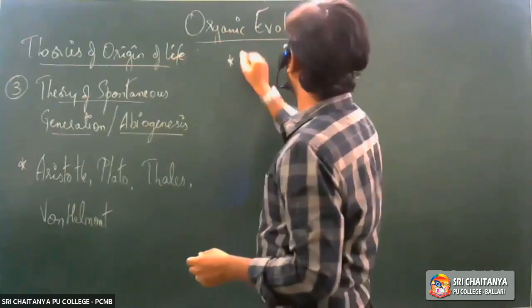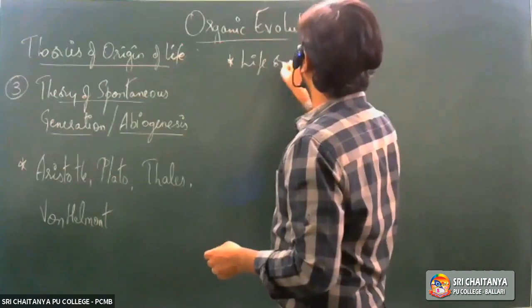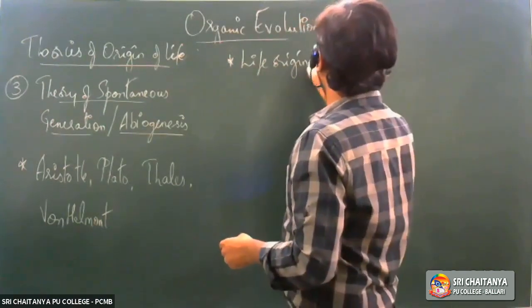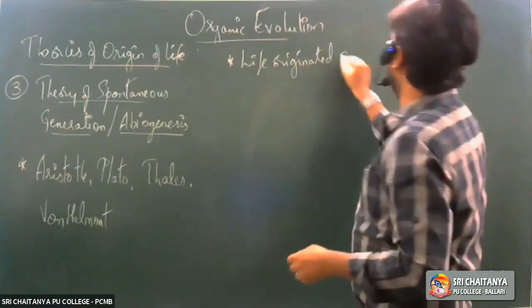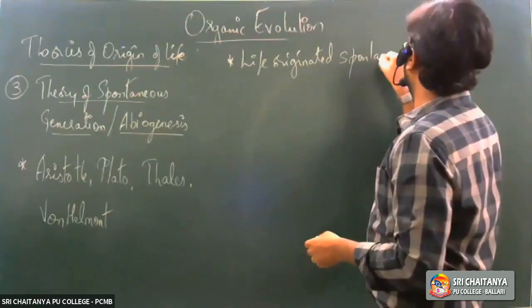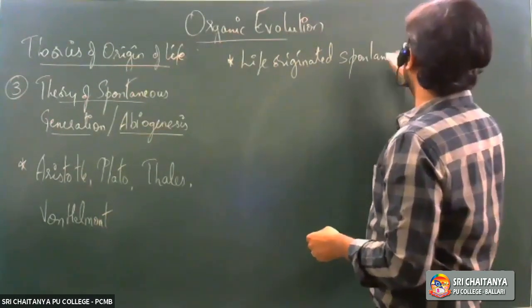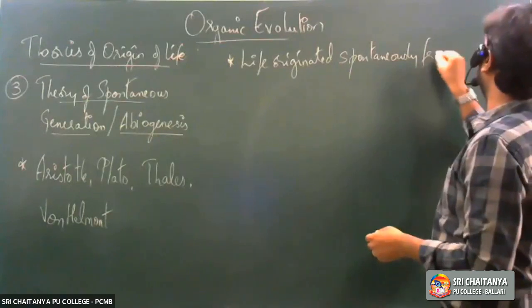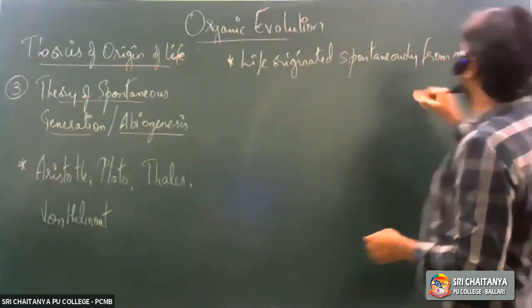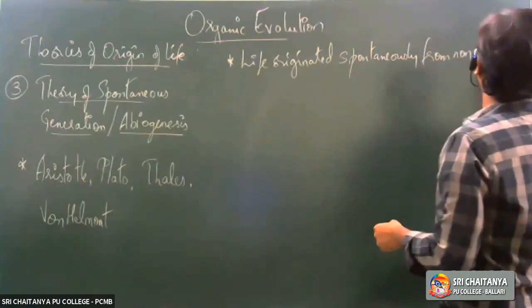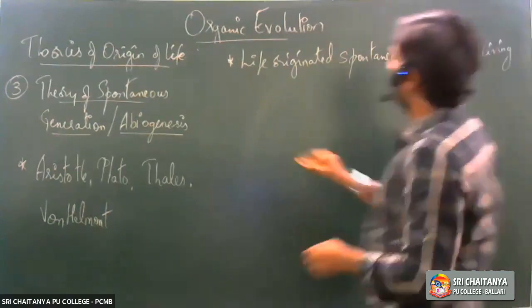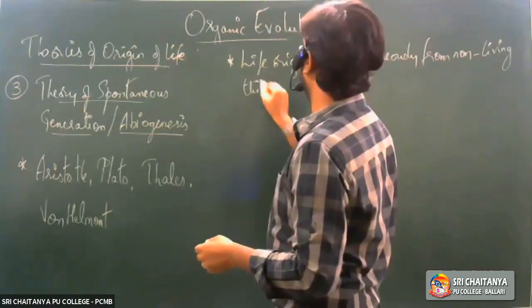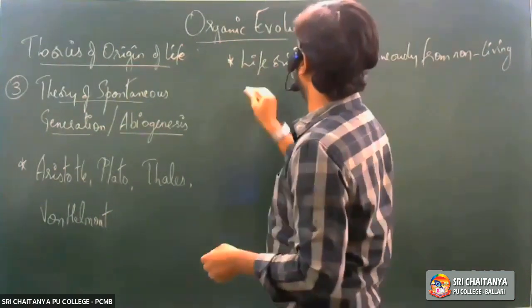So what did they say? Life originated spontaneously or suddenly from non-living things. That is what the theory of abiogenesis says.